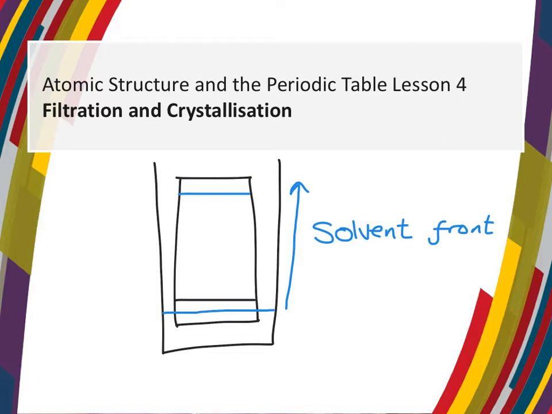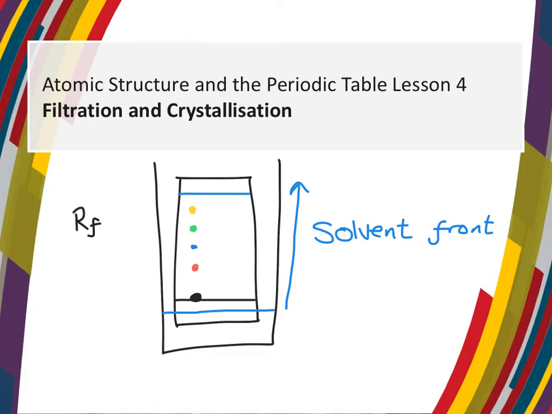Okay, and if we had some kind of food dye or food colouring at the bottom, that would also move up, but it might separate into different colours as it was going up the paper. And all of those would have their own RF value.